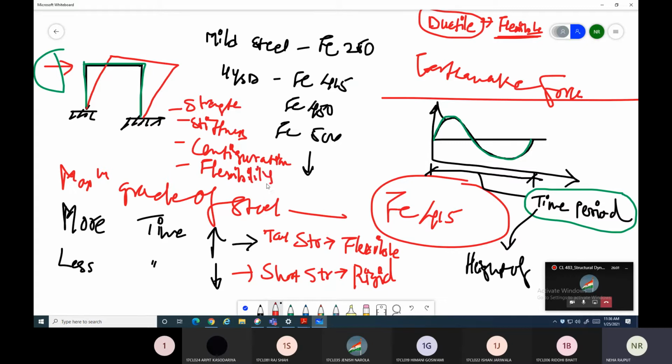The design is done on these four bases: strength, stiffness, flexibility, and configuration. So we need to make our structure more flexible, not the stiff one, right?